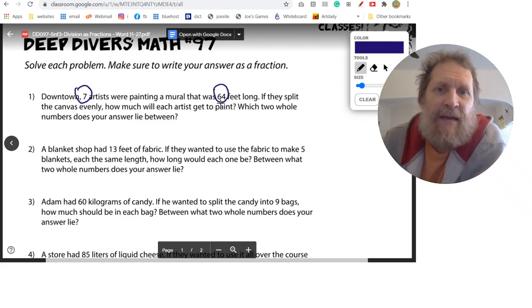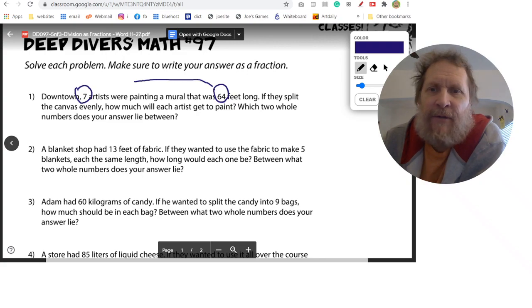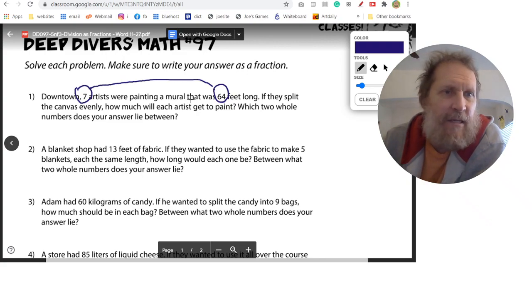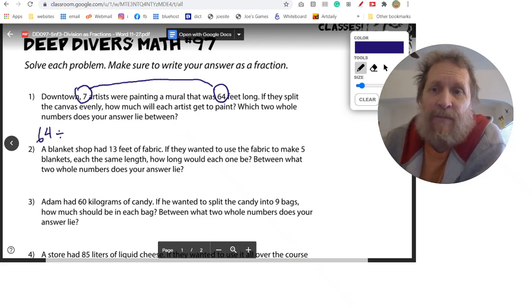And what I'm doing is I've got a 64-foot long mural, and I'm literally dividing it between 7 artists. I'm cutting it up into 7 sections. It says, if they split the canvas evenly, how much will each artist get to paint? So what they're asking about is this question, 64 divided by 7.